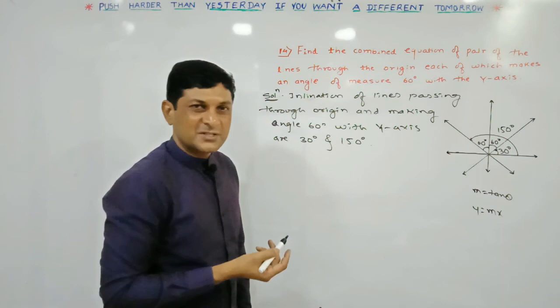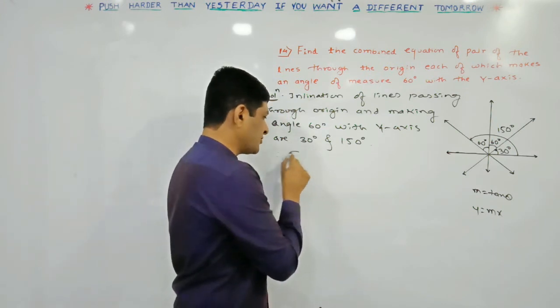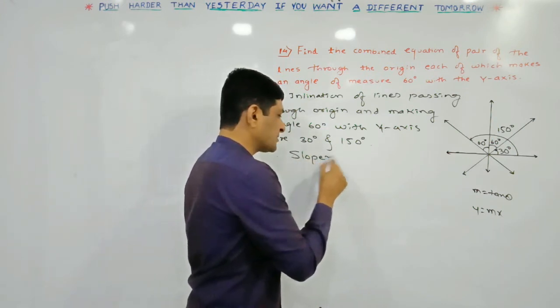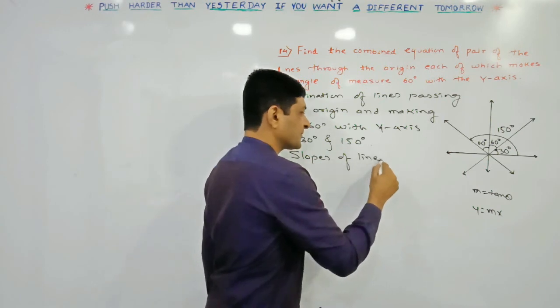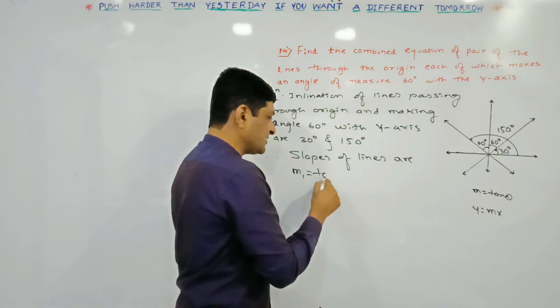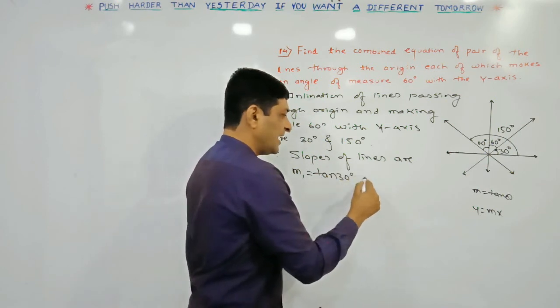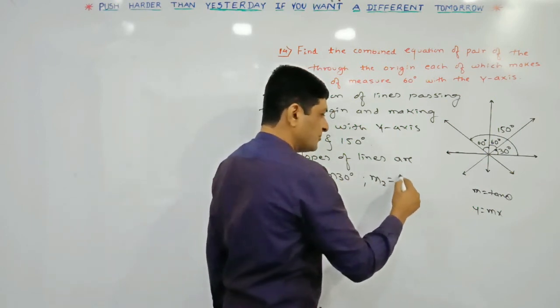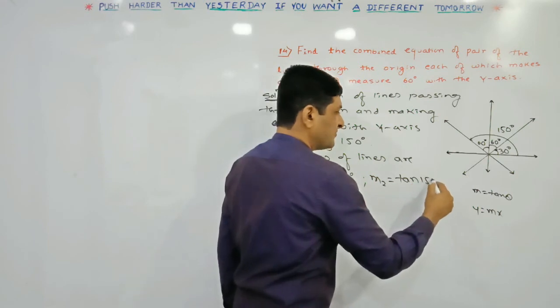Once the inclinations are known, we can find the slopes. So the slopes of the lines are: let us denote the slope of the first line by m1 = tan 30 degrees, and the slope of the second line, denoted by m2, is tan 150 degrees.